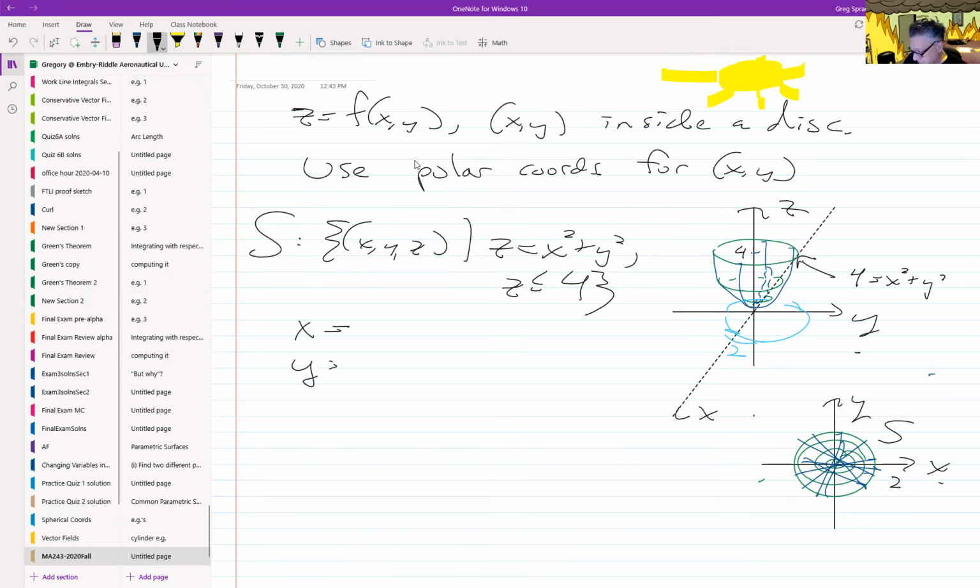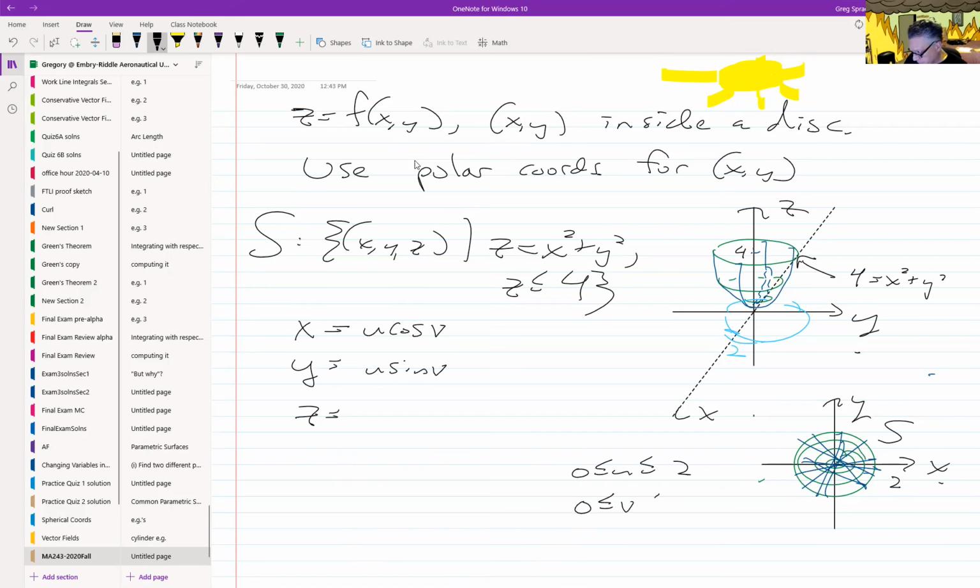So I'll represent x and y using polar coordinates. I'll let v be the angle. You could let u be the angle if you want, but it doesn't matter. The radius u goes from 0 to 2, and the angle v goes all the way around in a circle.